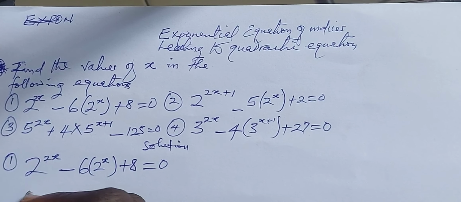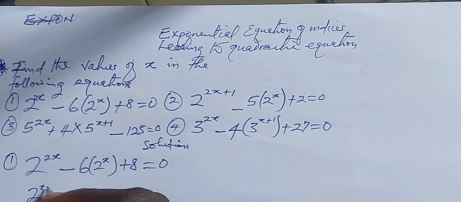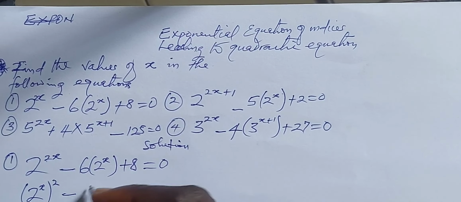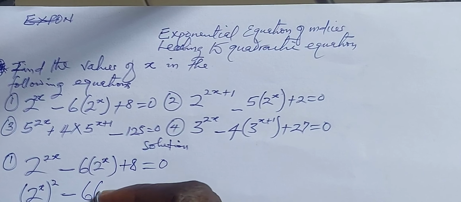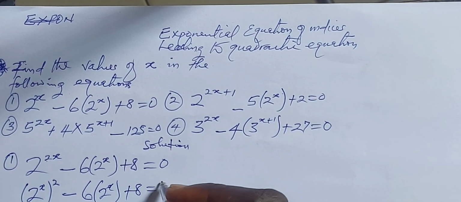We can rewrite 2 raised to the power of 2x as 2 raised to the power of x all in bracket power 2, minus 6 into 2 raised to the power of x close bracket, plus 8 equals 0.